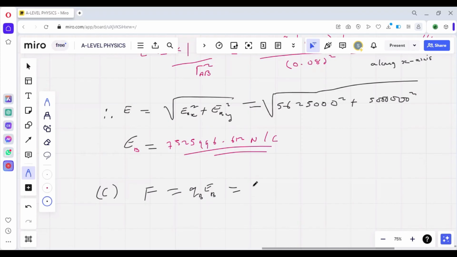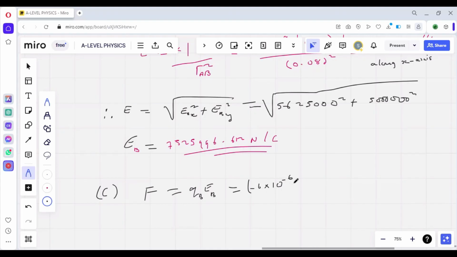If we look at the diagram again, we'll see that the charge at point B is the negative 6 microcoulomb charge, which is negative 6 times 10 power negative 6 coulombs.